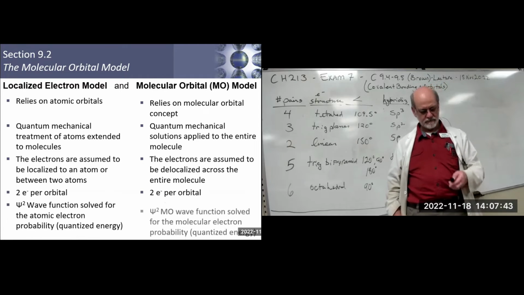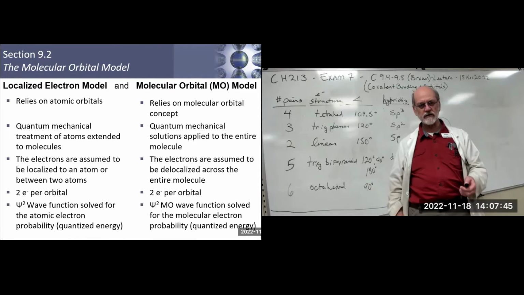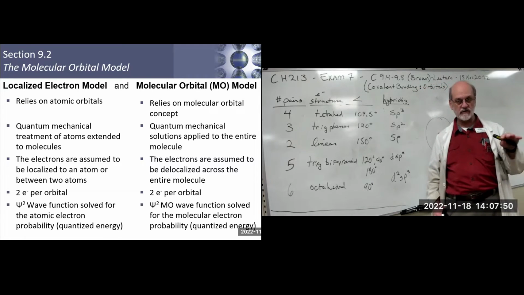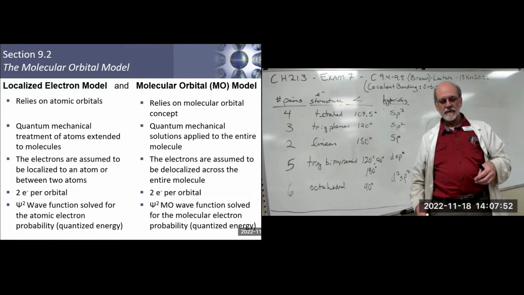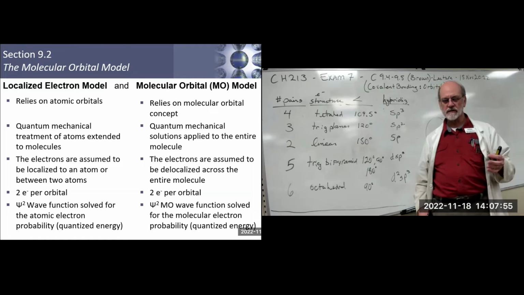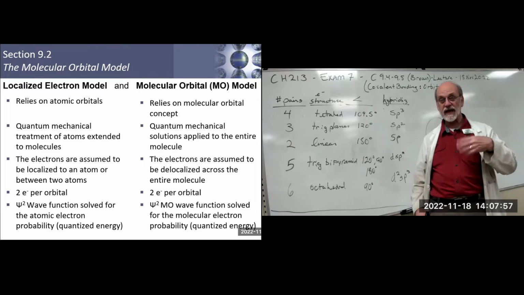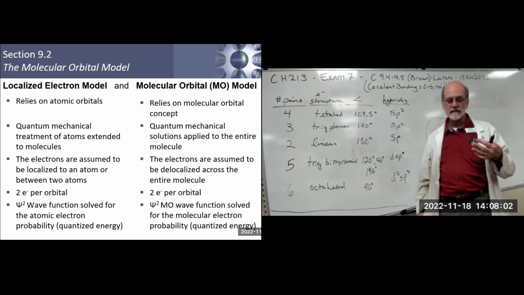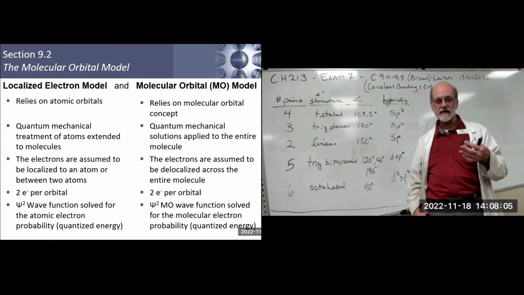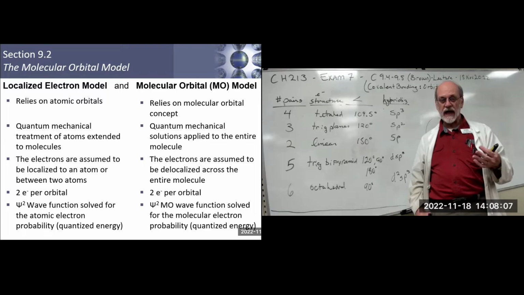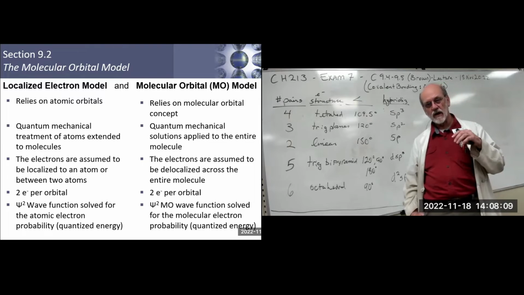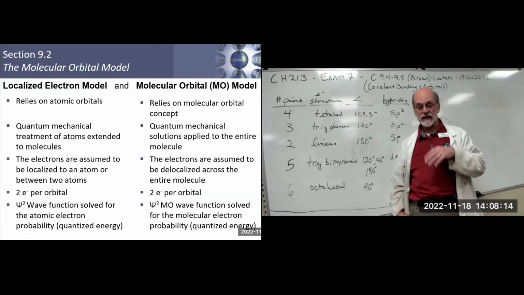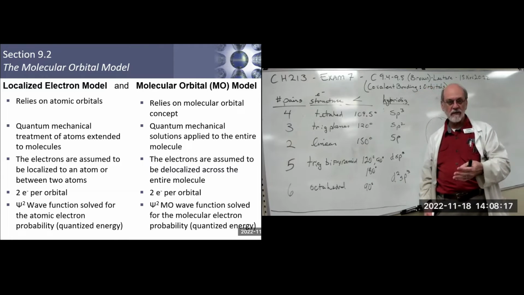We still have 2 electrons per orbital. That hasn't changed. The psi-square wave functions that are part of the quantum mechanical equations are solved for atomic electron probabilities in the localized electron model, and a new set of equations are used to solve the molecular orbital wave functions for the electrons that are in the molecular orbital model.